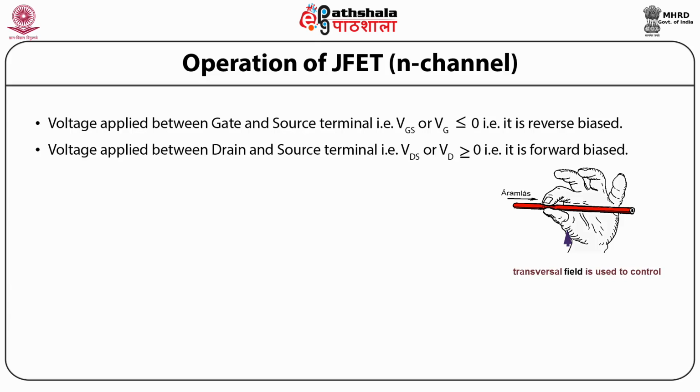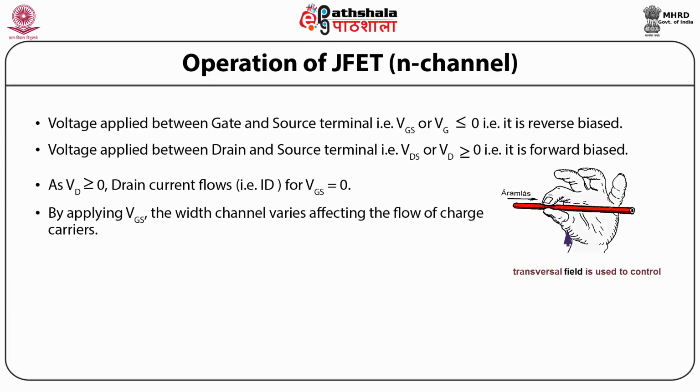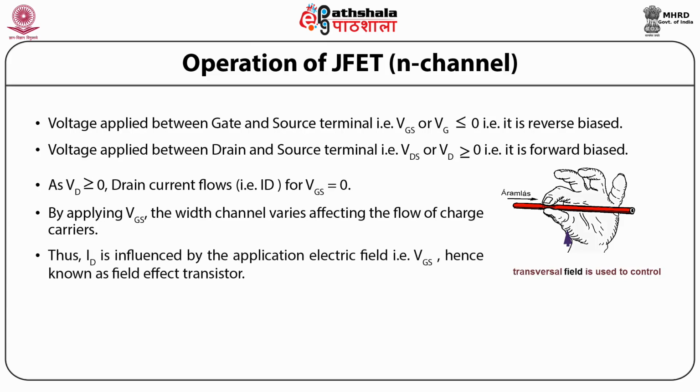So with the application of the drain voltage, that is VDS or VD greater than or equal to 0, drain current flows. That is, there is some finite value of ID for VGS equal to 0. Now by applying VGS, the channel width varies, affecting the flow of charge carriers. Thus, ID is influenced by the application of electric field VGS.